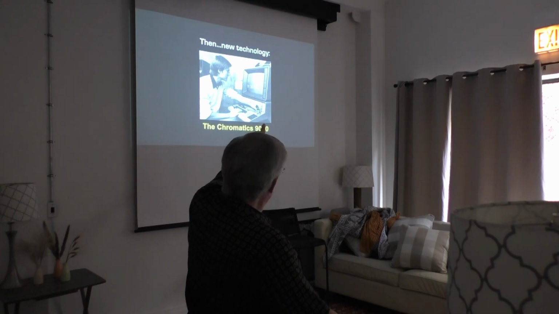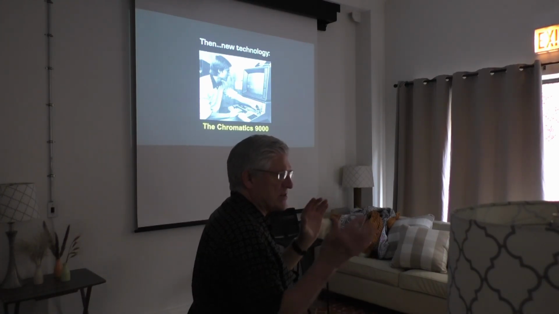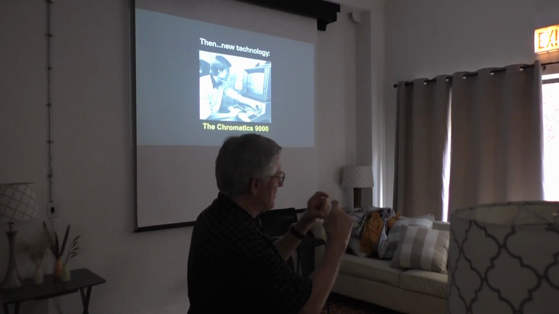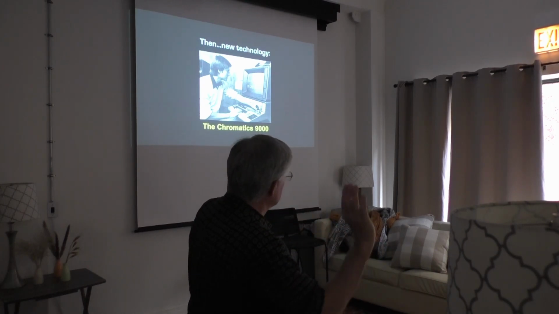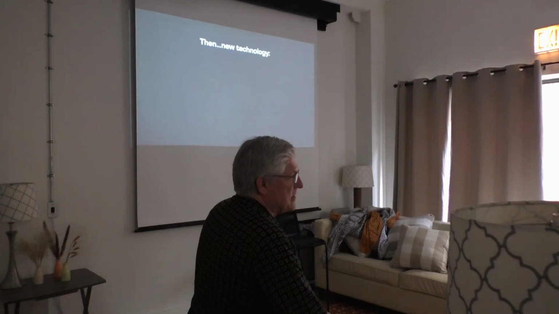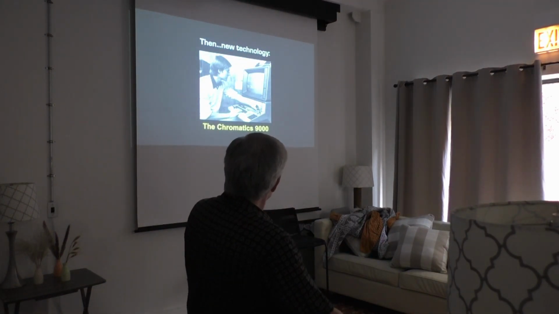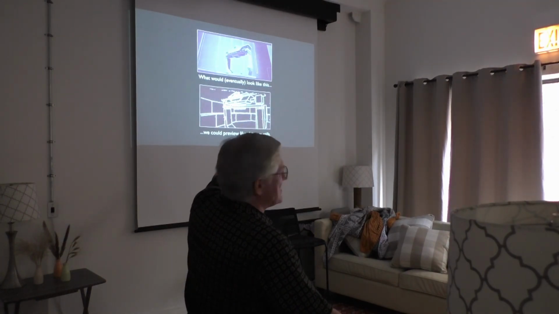But there was a phone cradle on the top, and now instead of just having to wait until the 70mm version, we could at least get little thumbnail frames sent to us by the computer company. We could check them. That's what that was. But this is not a raster display, it's a vector display. Yeah, just a vector display. So what would eventually look like that, we would preview and say, okay, that's close enough.